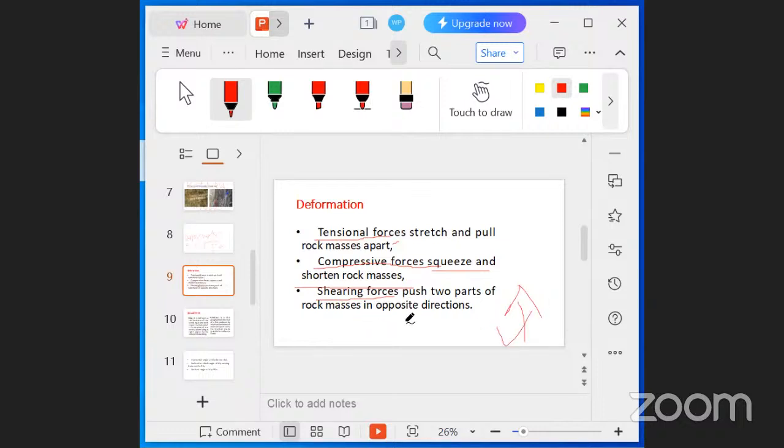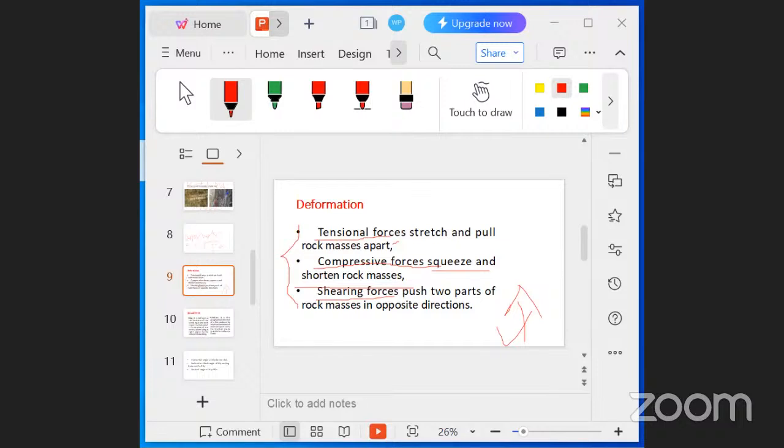If a rock mass is subjected to directed force for a short period of time, it usually undergoes these three stages of deformation: tensional, compressive, and shearing.